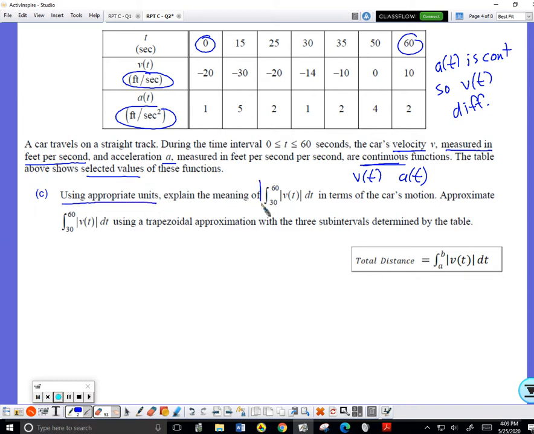Explain the meaning of this in terms of the car's motion. So Golden Notes has this one on it. You just write that down.